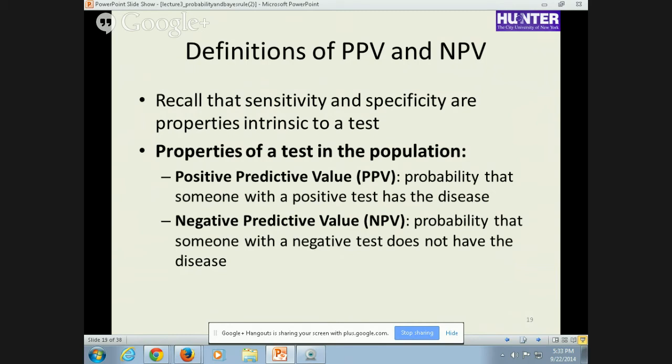So positive predictive value means your probability of having the disease given a positive test. Your negative predictive value is your probability that you don't have the disease given a negative test. So you can start hearing why I need to introduce conditional probability, because those are all conditional probabilities.